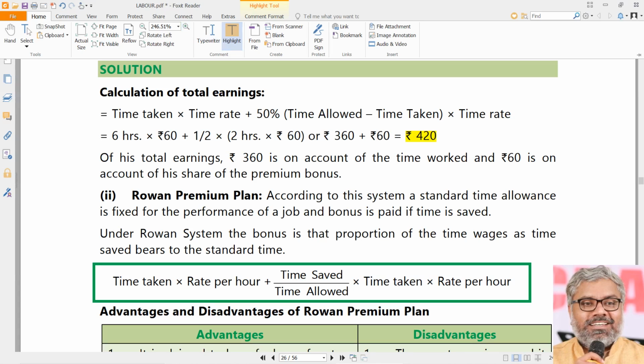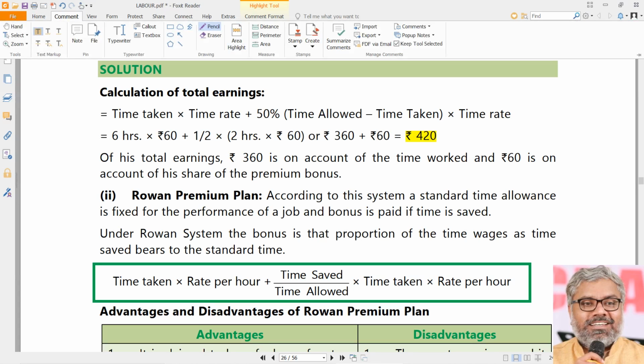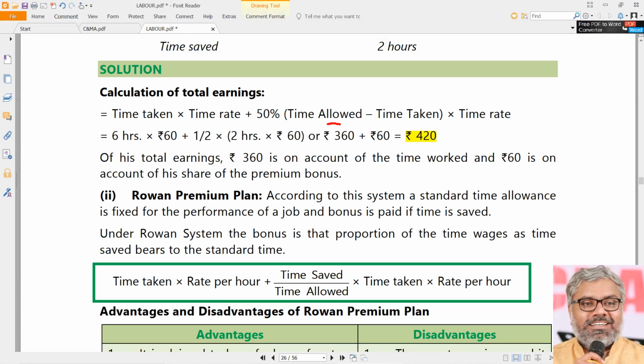But once again, identify very clearly here. This portion is time wages. This portion is bonus. You have to read the question carefully. If the question is asking how much is the bonus, then your answer should not be 360 or 420. Bonus is only 60. So that is on account of share of the premium bonus.